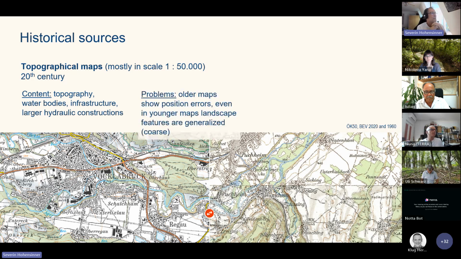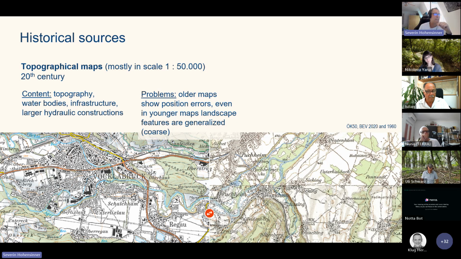But the problem is that older maps, not only in Austria but also in Hungary, as I see, show position areas. And what's clear, also in the younger maps, is that landscape features are generalized, which means that streets are broader and water bodies show a larger width.